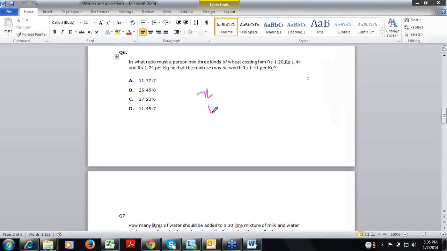Suppose x, y and z are the quantities. So 1.2x, 1.44y and 1.74z.